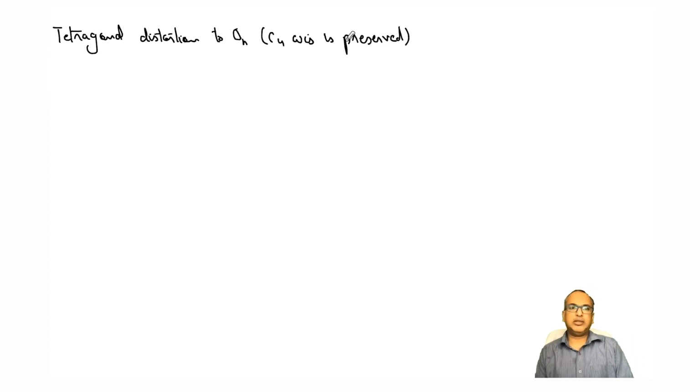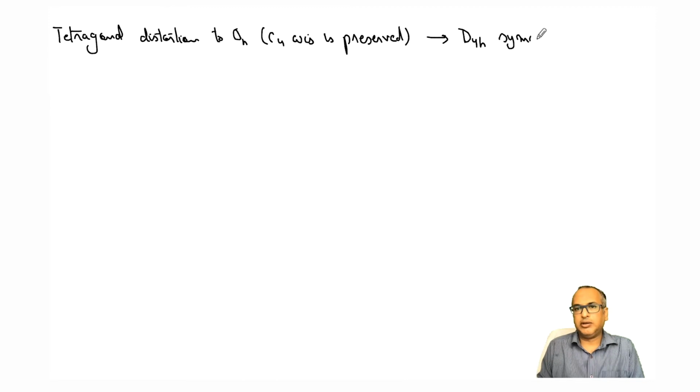That means there is a descent in symmetry and it undergoes D4h symmetry, right? From Oh you end up in D4h, descent in symmetry.